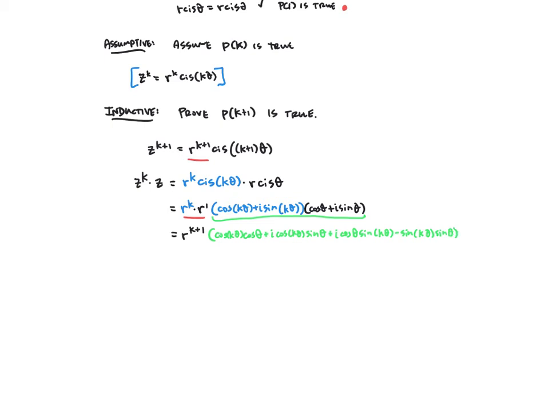Okay, let's analyze this. I've got a real component here and here. Cosine k theta, cosine theta, minus sine k theta, sine theta. By definition, let me bring everything else down here. This is a compound identity for trig and will be equal to cosine of k theta plus theta.